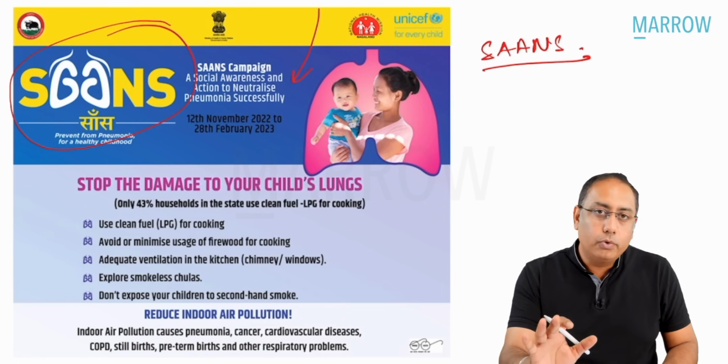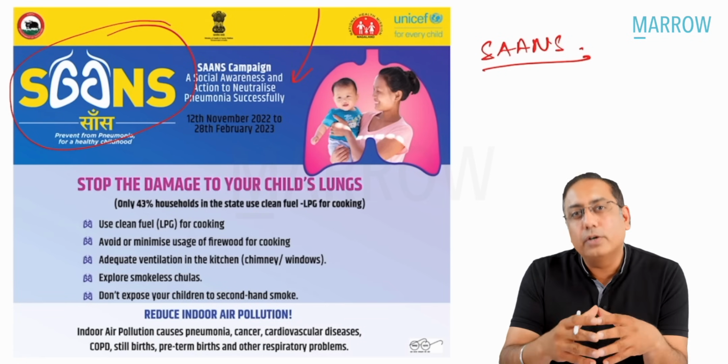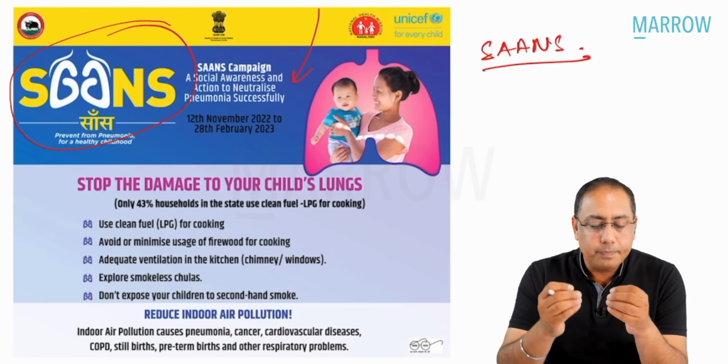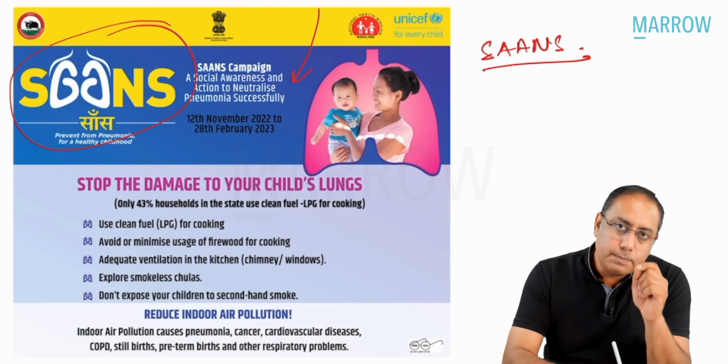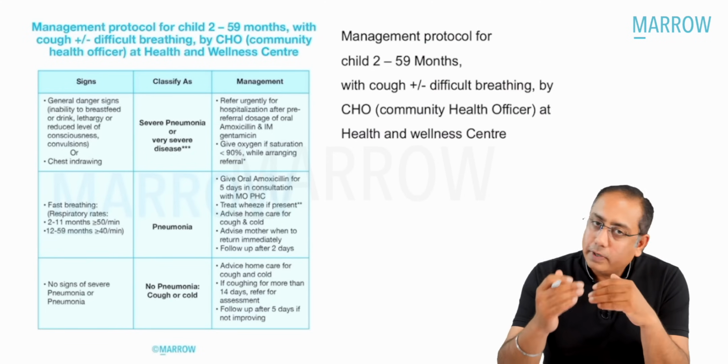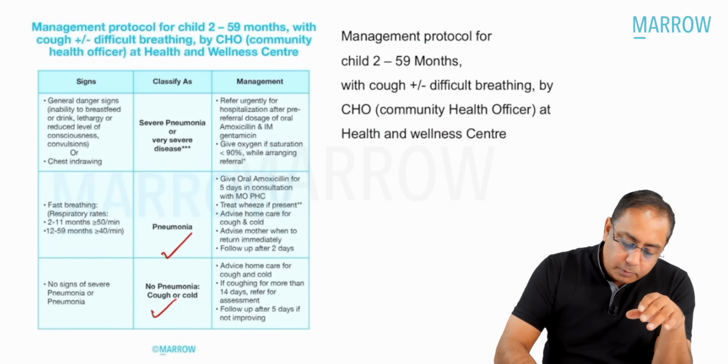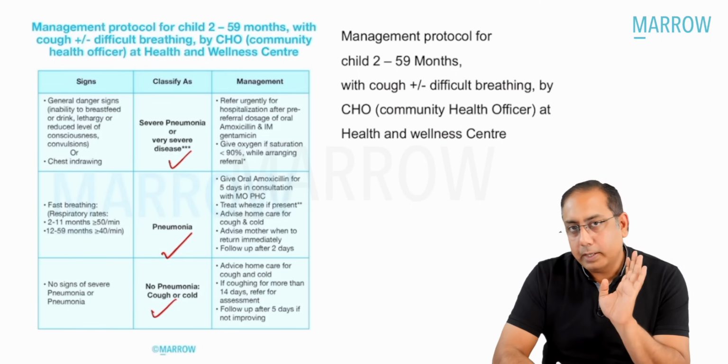So I already know, but I don't want to generate a controversy over here. This is just an extra point for you to know that under the SANS program, you already know the different categories of pneumonia. There could be no pneumonia, there could be pneumonia, or there could be severe pneumonia, right?